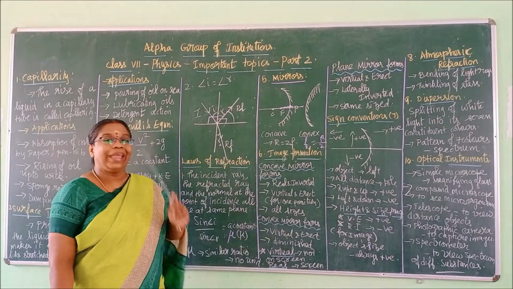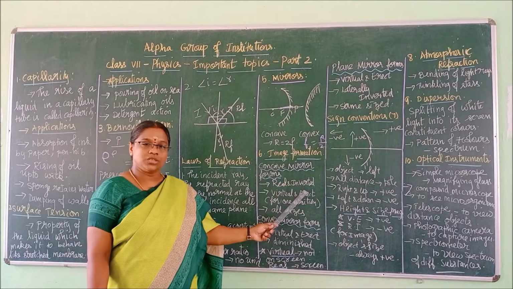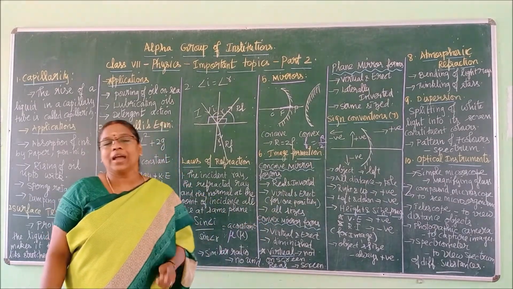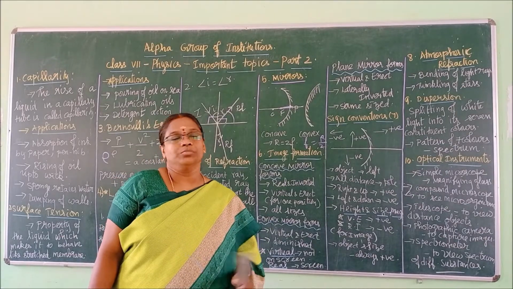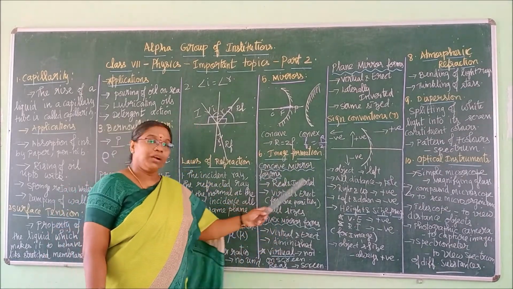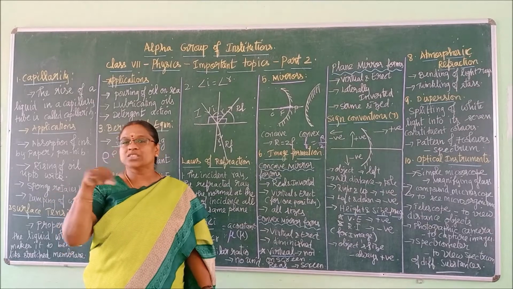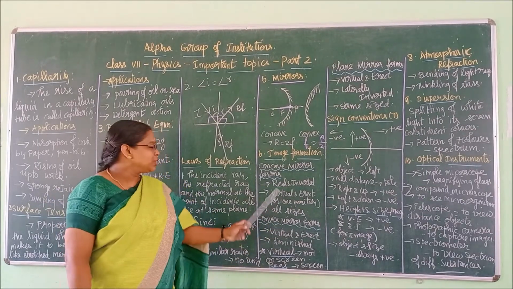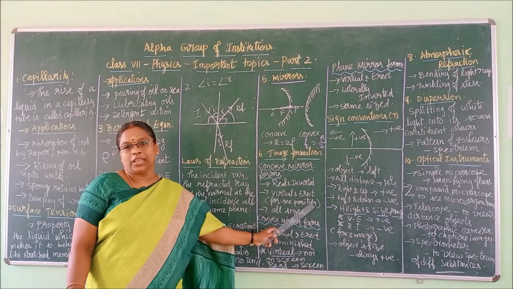It will form mainly real and inverted images. If you have your book in your hand, take out the tabular column. It will give you real and inverted images, but for the last 6th position, it will give you a virtual and erect image. That is what I have told you, for one position only.